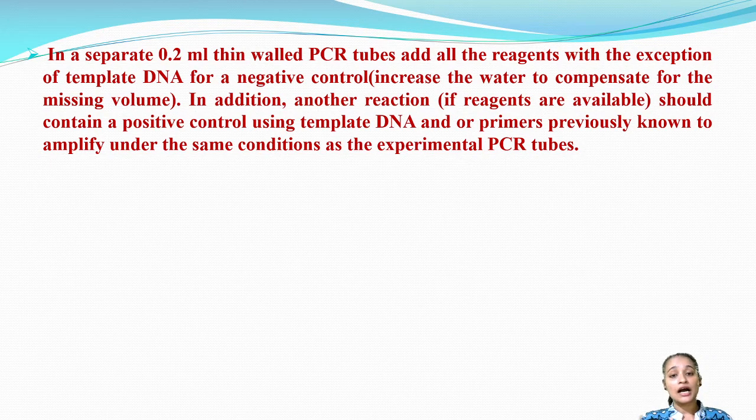In addition, another reaction, if reagents are available, should contain a positive control using template DNA and/or primers which are previously known to amplify under the same conditions as the experimental PCR tubes. So a negative control is devoid of your DNA template, but in a positive control, you are using a DNA template. This is the difference between a negative control and a positive control.